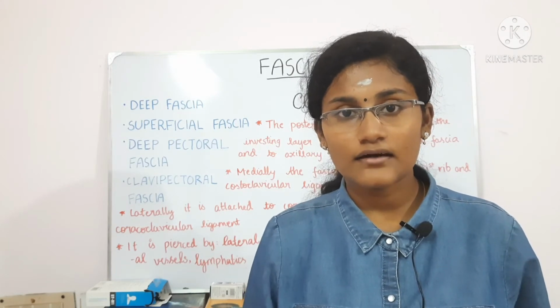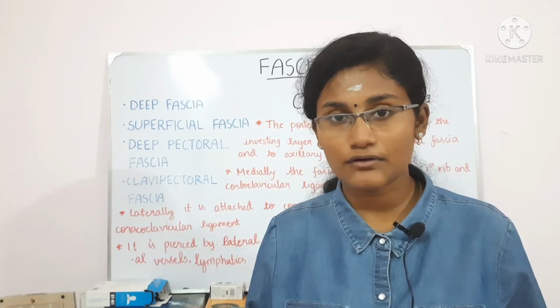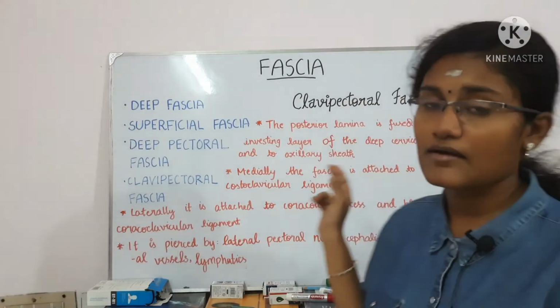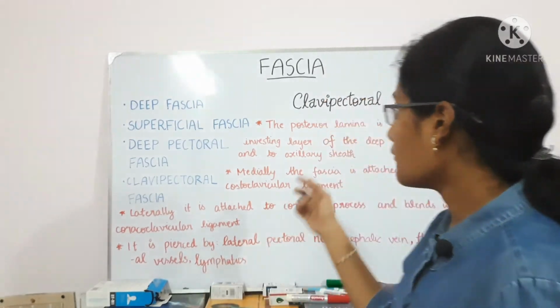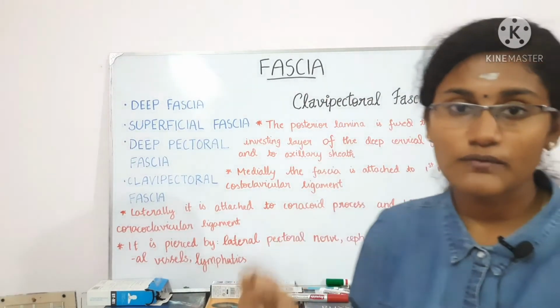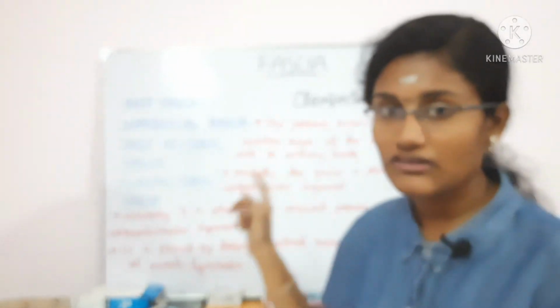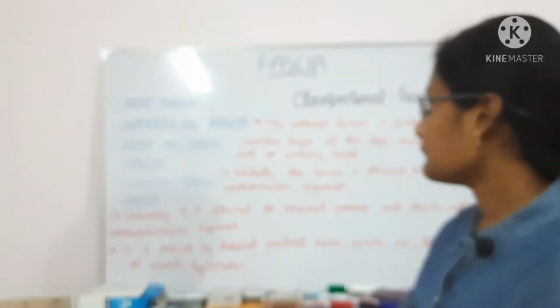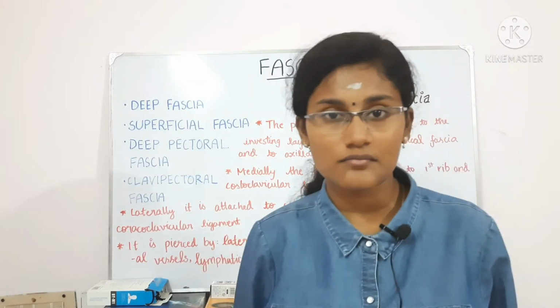If the deep fascia is covering the pectoralis major muscle, it's called deep pectoral fascia, and the deep cervical fascia is one such type of deep fascia. So the posterior lamina is fused with this deep cervical fascia and to the axillary sheath. Medially the fascia is attached to the first rib and the costoclavicular ligament.